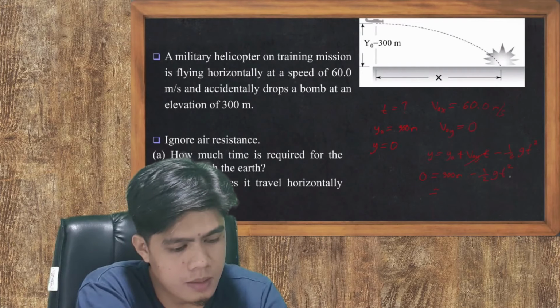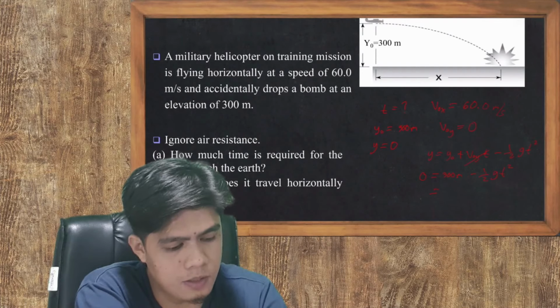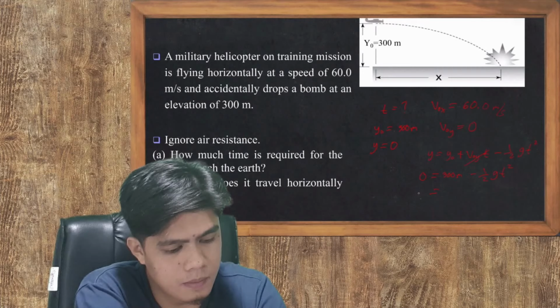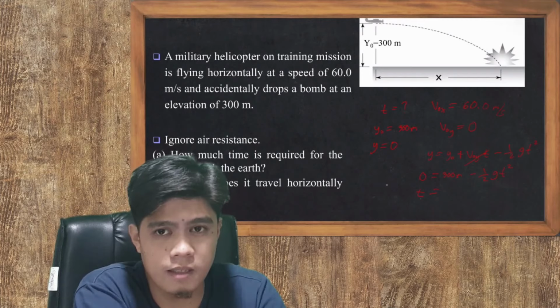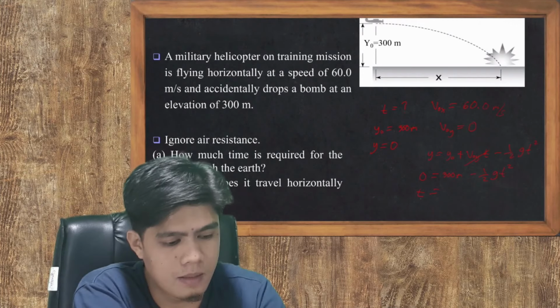So our unknown is time, so we will rearrange to solve for time. I'll transfer 300 to the other side. It's negative 300 since both of them are negative, so I just make them positive.